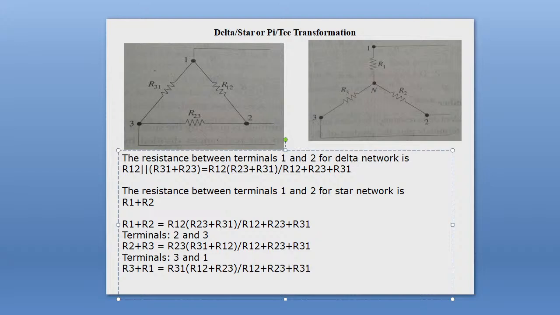Okay, so now you got the transformation expressions between one network and another, delta to star. Now your objective is to express R1, R2, R3 in terms of R12, R23 and R31, because in an exam or practical case the delta network is provided.